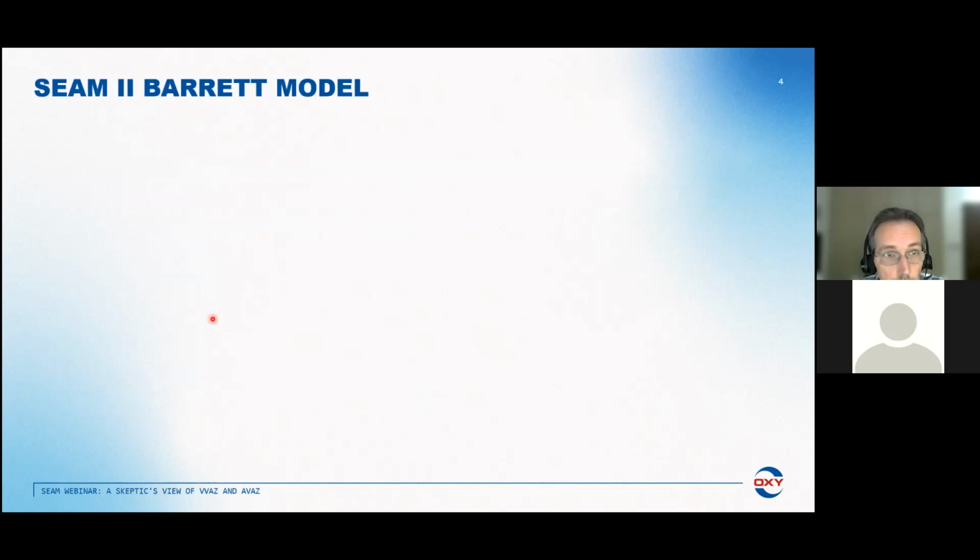So what better model than the SEAM Barrett model, because that is an onshore unconventional model. It's well suited for these tests because it's fully sampled and it's mostly noise free. The noise is actually fairly easy to remove, and I'll show some of that.